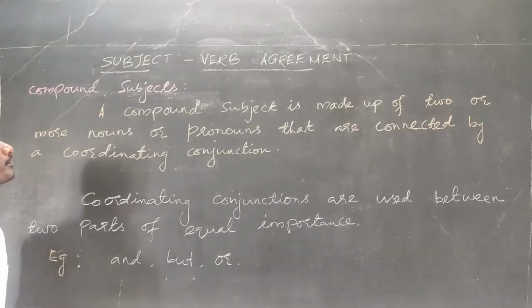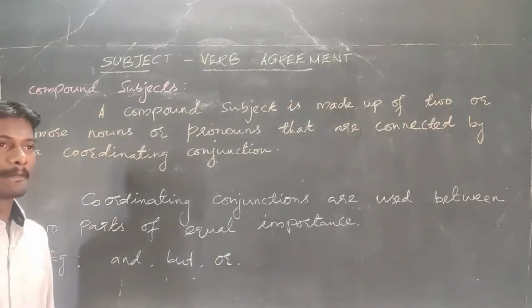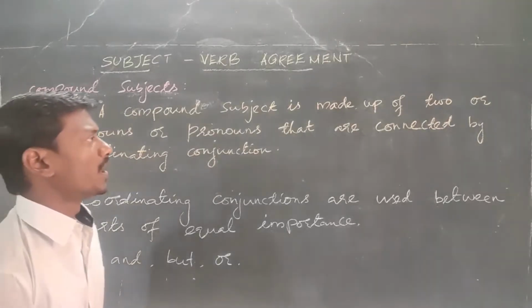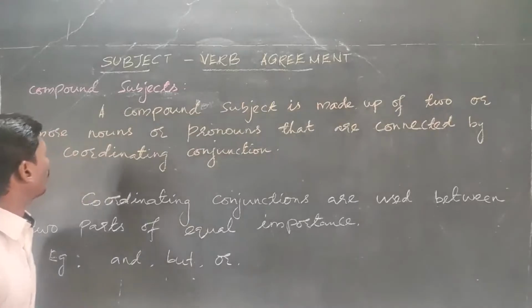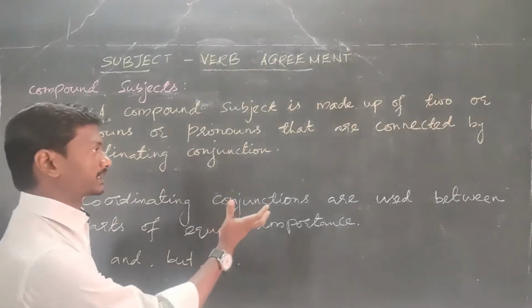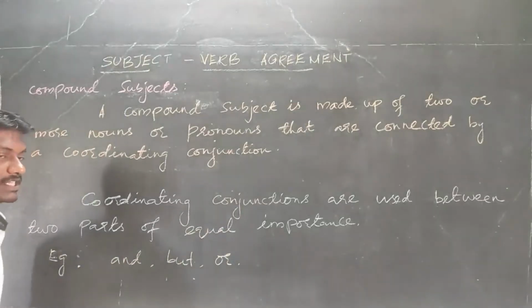Next we see compound subjects. A compound subject is made up of two or more nouns or pronouns that are connected by a coordinating conjunction.